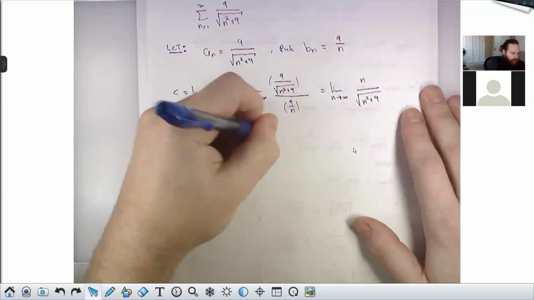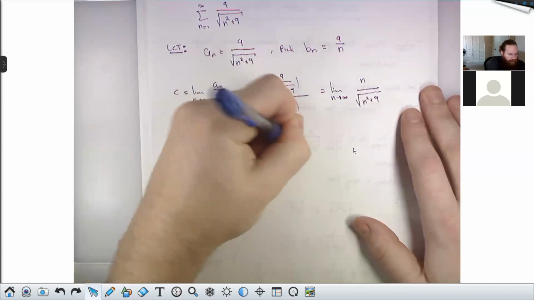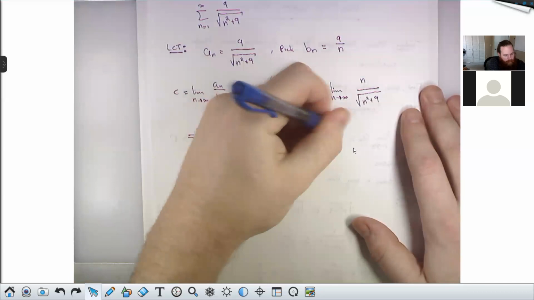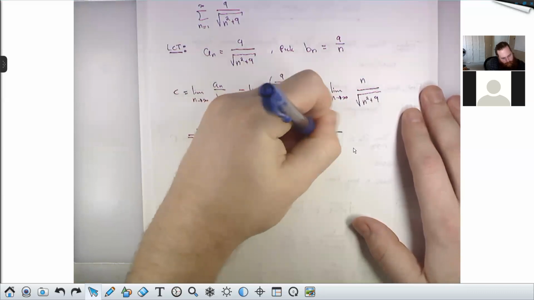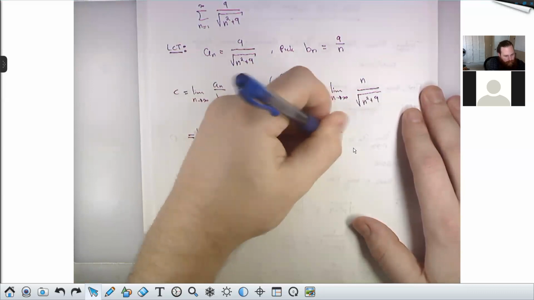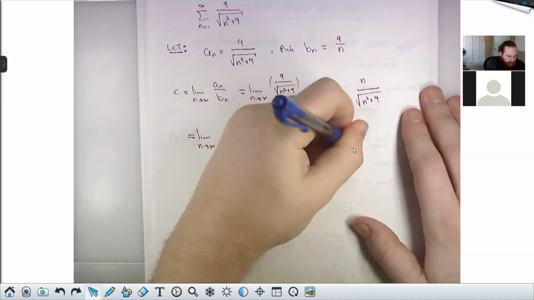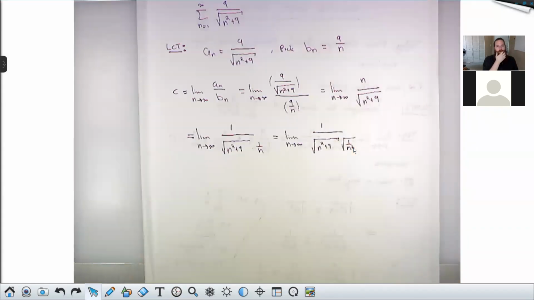Then I treat the 1 over n downstairs here as the square root of 1 over n squared. So I get the limit as n goes to infinity of 1 over the square root of n squared plus 9 times the square root of 1 over n squared. 1 over n is the same thing as the square root of 1 over n squared, as long as n is positive.